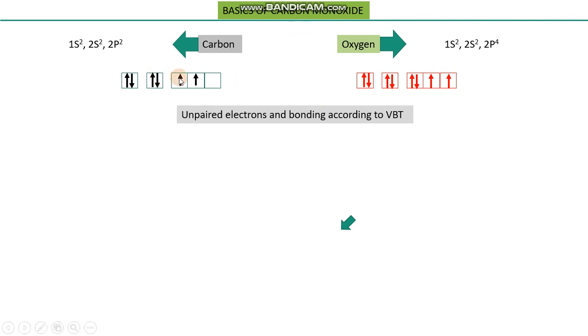Carbon has 2 unpaired electrons, and oxygen has 2 unpaired electrons. So there are chances for these electrons to pair up, and because of pairing they will afford bonding. Let me represent the electrons of carbon and oxygen in a slightly modified form.